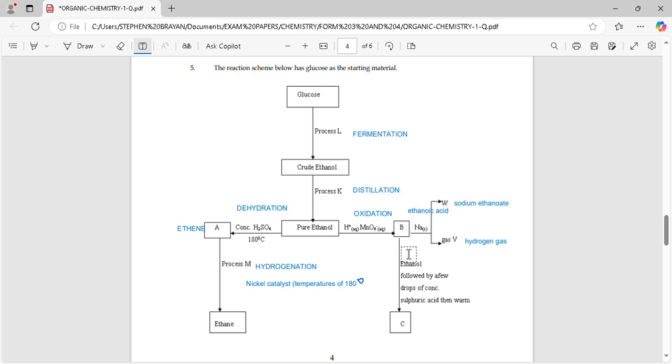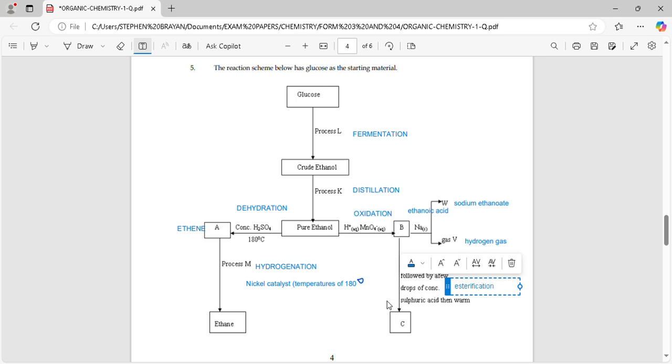And then, this compound that we formed here, which was ethanoic acid, you react it with ethanol, and then you follow with few drops of sulfuric acid, and then you warm. When you see few drops of sulfuric acid being added and then you warm, most likely the process you are performing is called esterification.